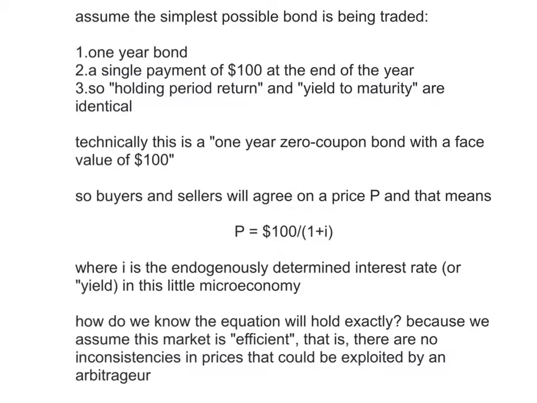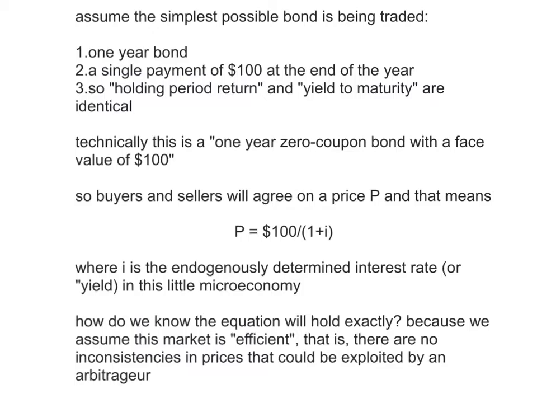Technically, this is a one-year zero coupon bond with a face value of $100. So buyers and sellers will agree on a price, and that means P equals $100 divided by 1 plus I, where I is the endogenously determined interest rate or yield in this little microeconomy.